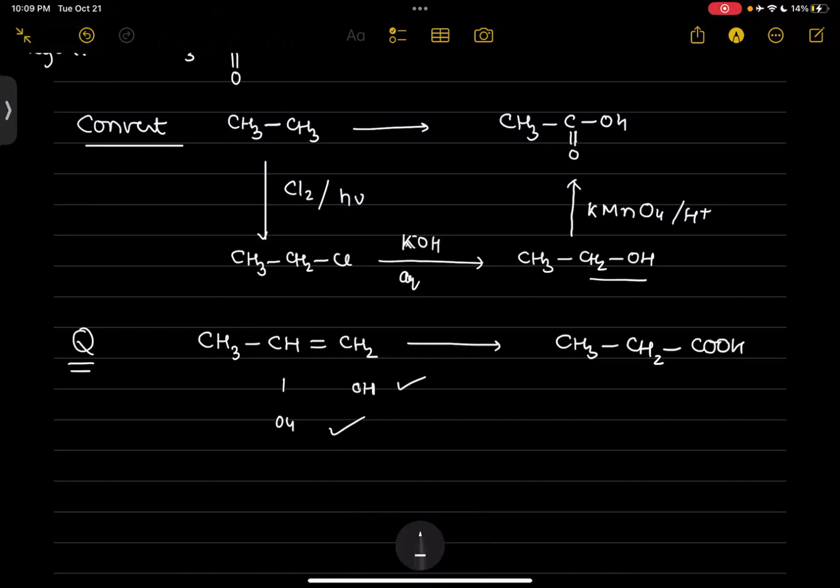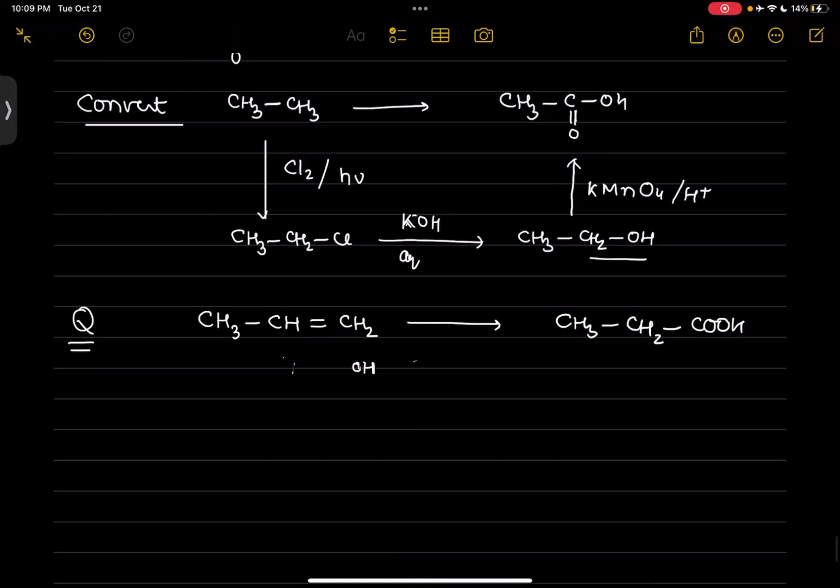Just a quick recap. For the preparation of alcohols, it is a quick recap and also a quick way to revise the preparation of carboxylic acid also. So by using which reagent can we add water in this way? What is the method?